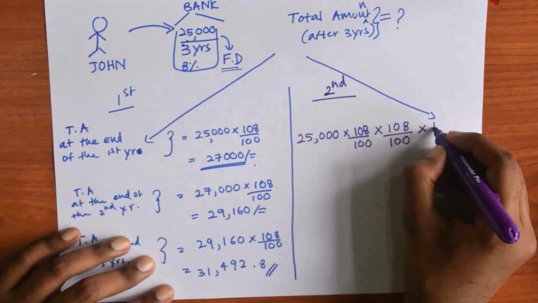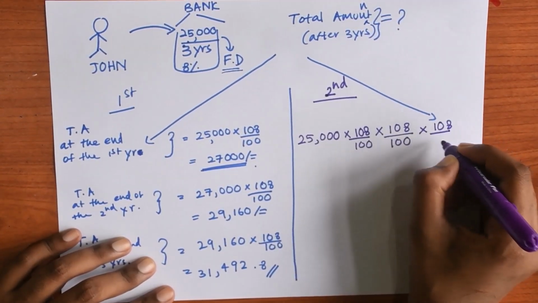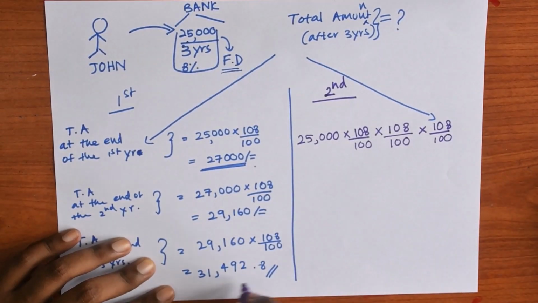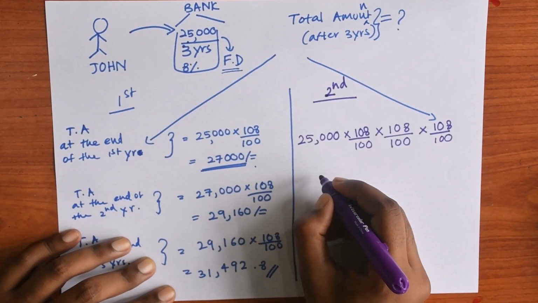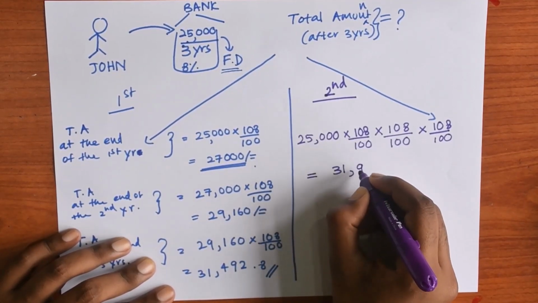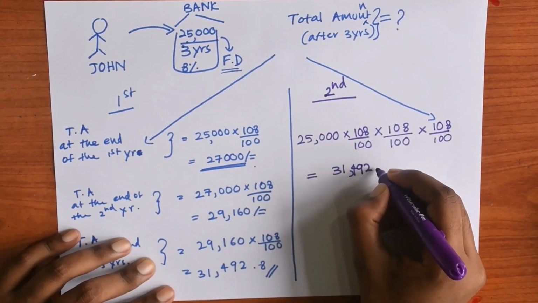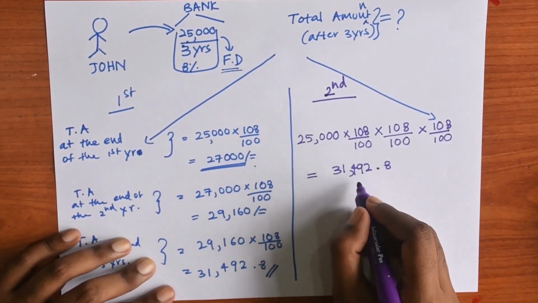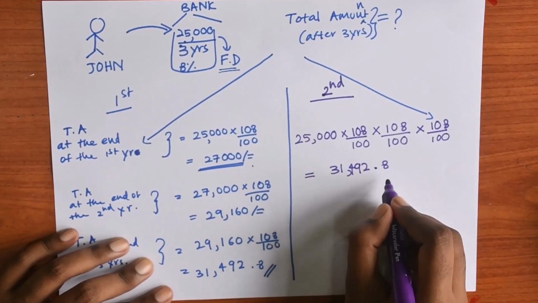How do we do that? We multiply it by 108 and divide by 100. This is the amount that John will receive at the end of 3 years. This is equal to 31,492 rupees and 8 cents.